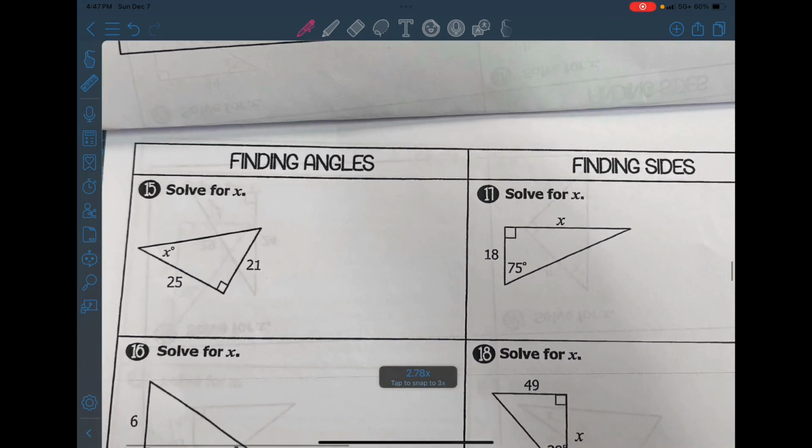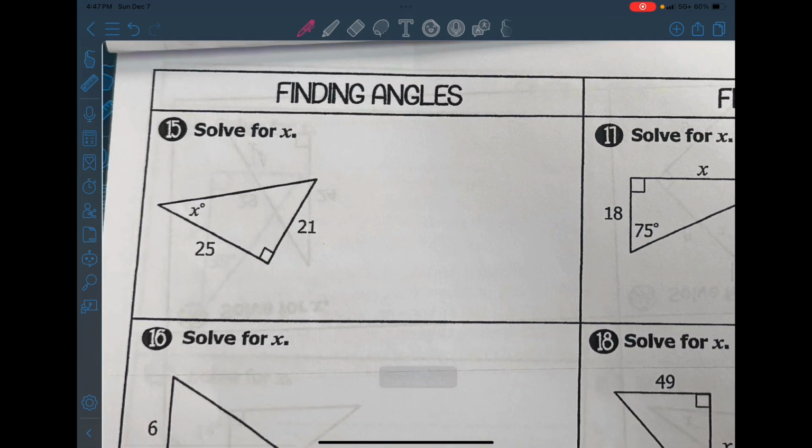So let's go back. We're going to use the same things we used, our second button and all that, when we look for our angle. So if we're looking at x, 25 is not the hypotenuse, and it touches that. So this has to be our adjacent. And 21 does not touch it, so it has to be our opposite. And I know if I have adjacent and opposite, I'm using tangent.